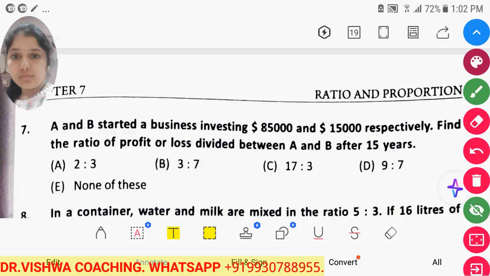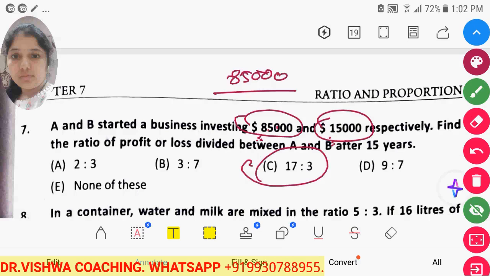Okay, so you have to just calculate the ratio of the amount invested by them and you can get your answer as 17:3, because 85,000 to 15,000. How? Solve the ratio, or make it in the simplest form, convert it into the simplest form, and you got the answer.